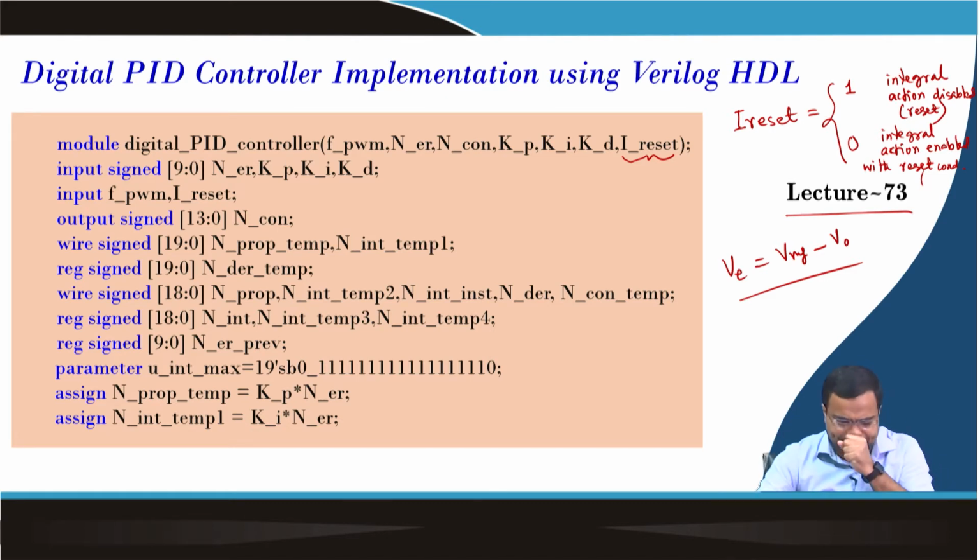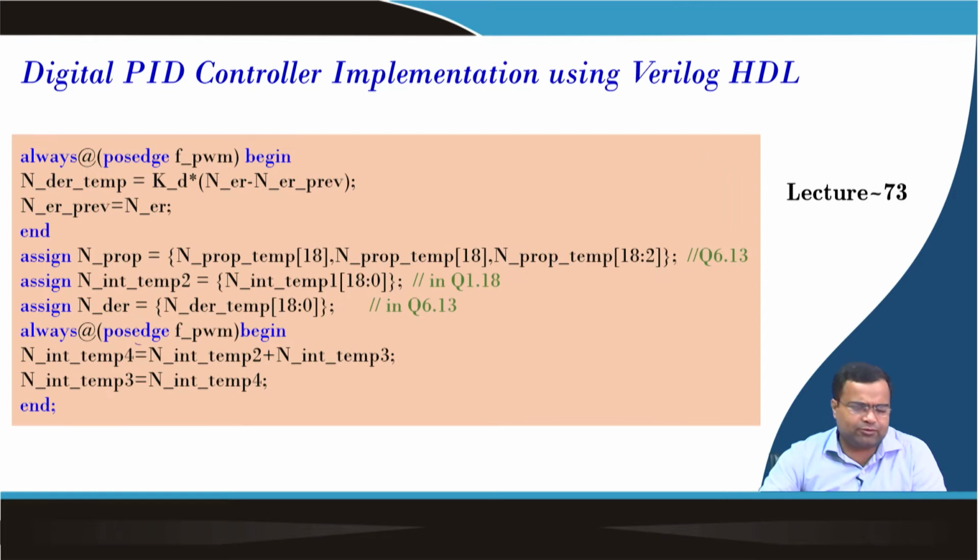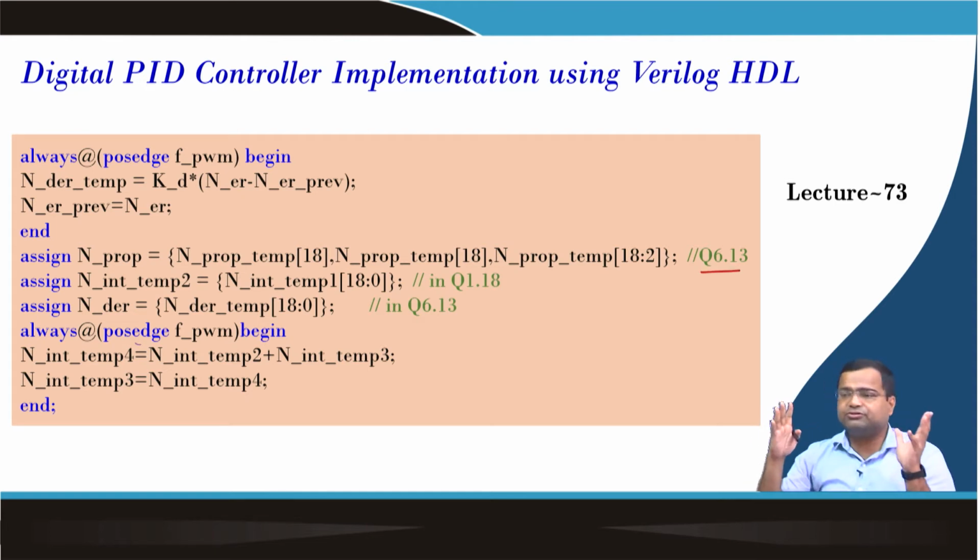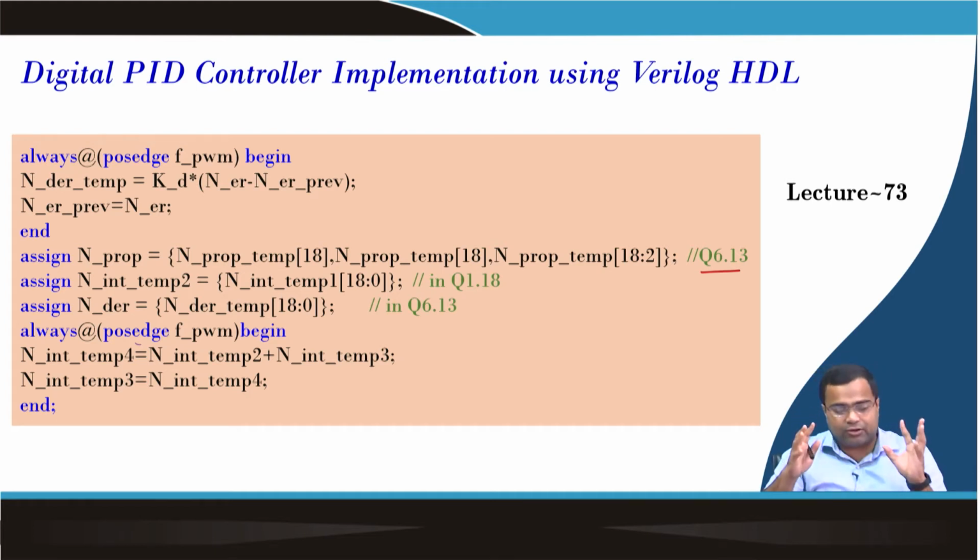Other than that, for this PID controller, everything we discussed in lecture number 73, and we have used Q6.13 here, where there we used Q4.15, but again if we understand all these Q formats properly, then there is absolutely no problem.